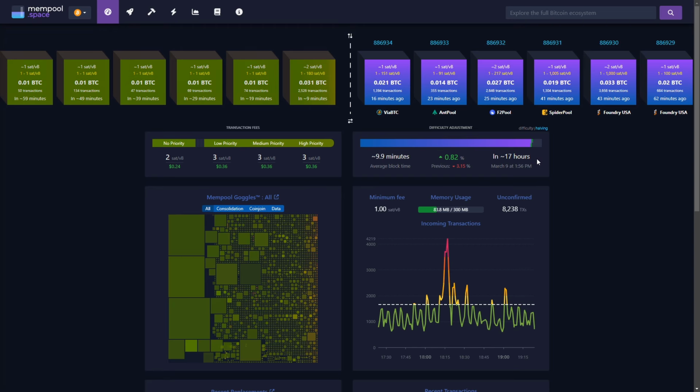So in 17 hours, we will know what this final number will be. It might be higher, it might be lower, but it's probably going to be around what this number is right here. So it's probably going to become slightly more difficult to mine blocks during the next period.